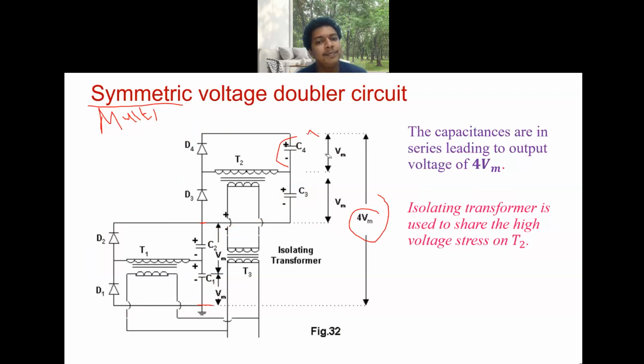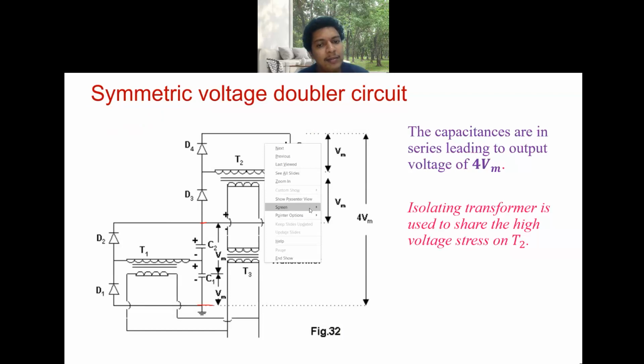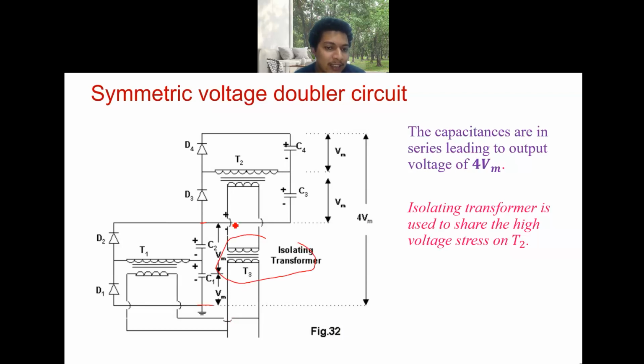If you give this kind of AC connection directly to the transformer without T3, what is the need of this isolating transformer? Without T3, if we directly connect this to T2, the problem is at this point: what will be the potential here? You will have a potential of Vm, a DC potential, there.